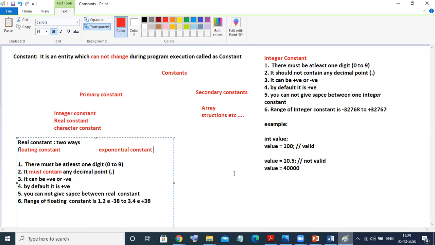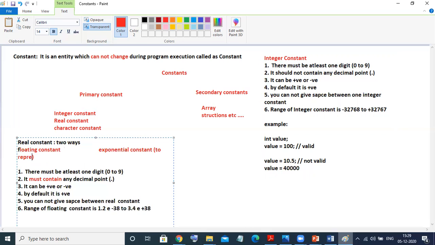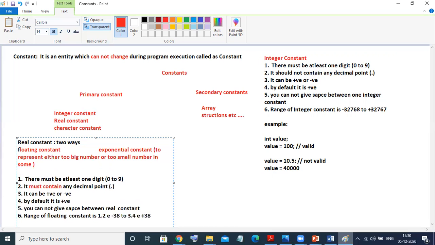The main reason why we are using this exponential constant is to represent either too big a number or too small a number, in some fraction, or reduced numbers, minimum numbers, fraction numbers.